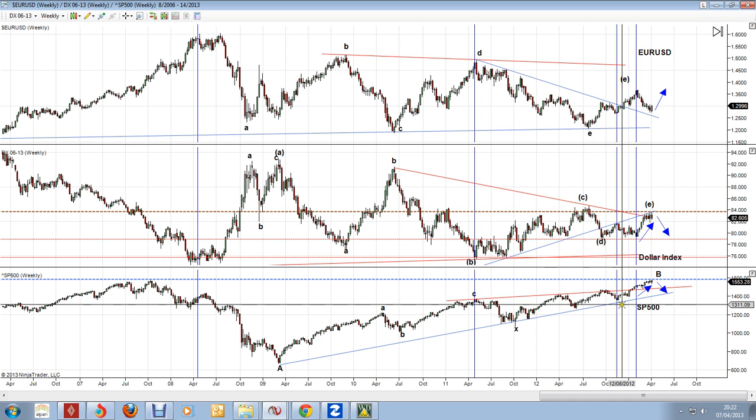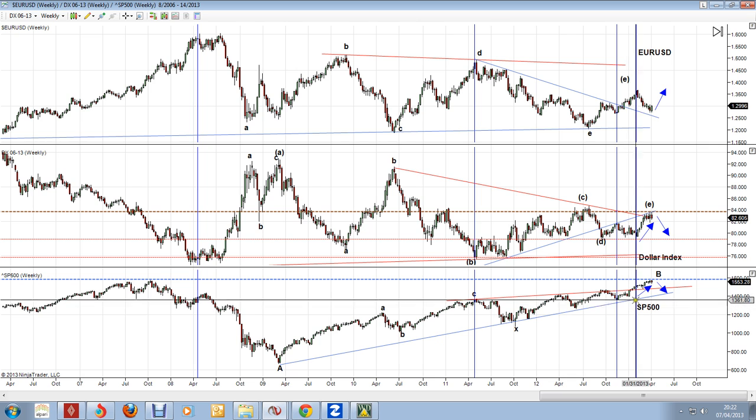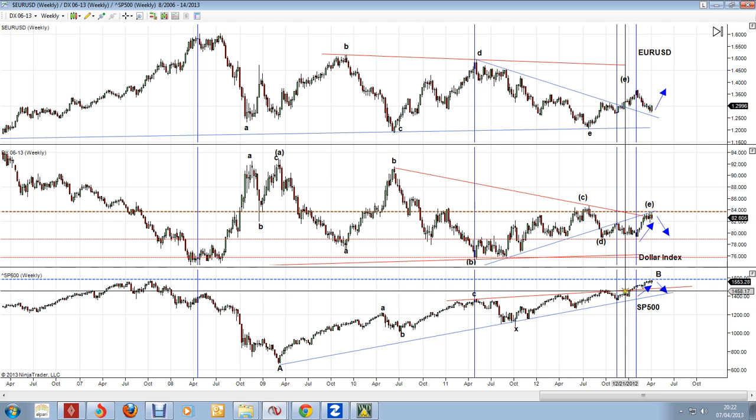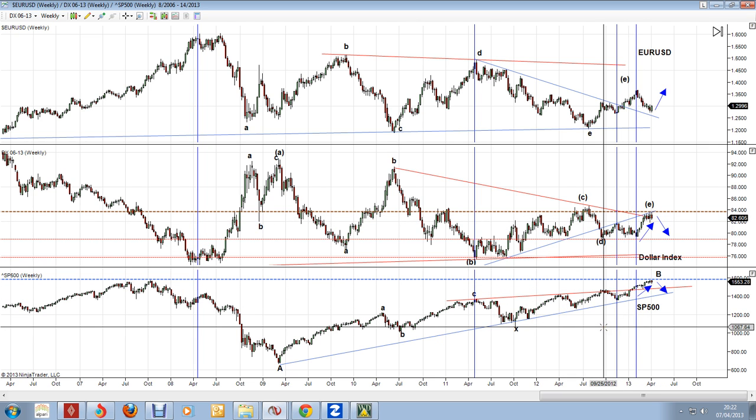So that's interesting. The question now arises: how long will this relationship between the dollar index and equity continue? My suggestion is that it does not continue for a very extended period of time.